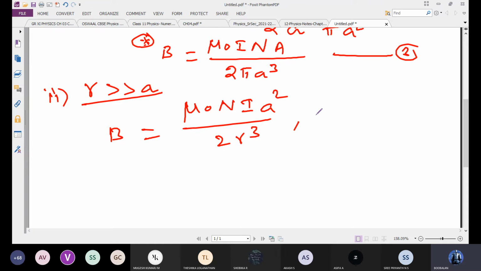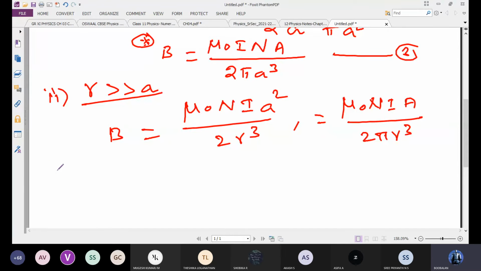And one more formula, mu naught is related to A, area. Mu naught n I a, mu naught n I a divided by 2 pi r cube.